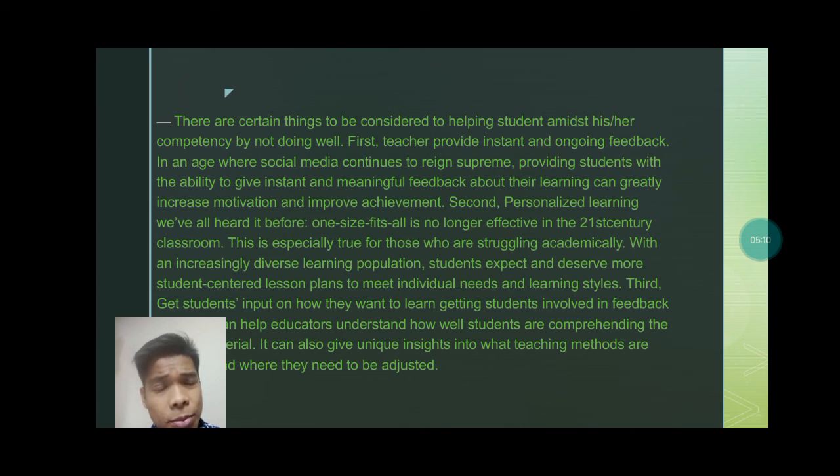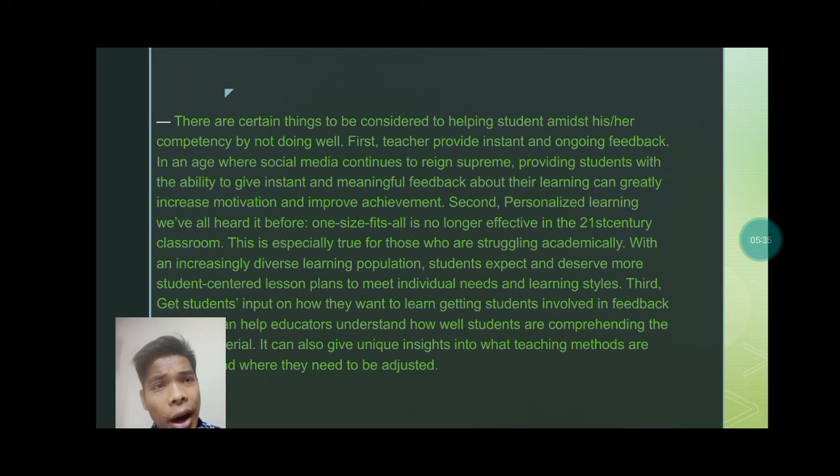First, teachers provide instant or ongoing feedback. In an age where social media continues to reign supreme, giving students the ability to give instant and meaningful feedback about their learning can greatly increase motivation and improve achievement. And second, personalize their learning.